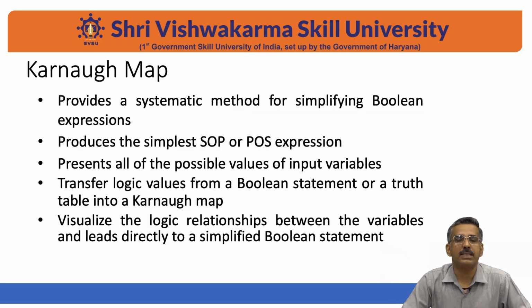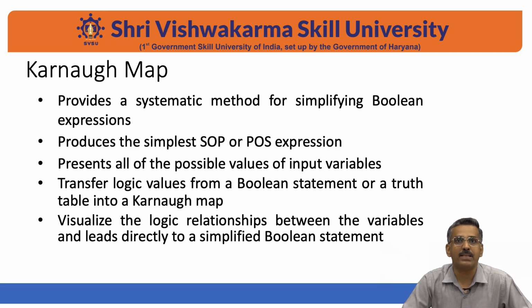Karnaugh map is a pictorial representation of the Boolean expression or the Boolean variables. All these variables are presented in a table that is called K-map table, which is designed with various cells.